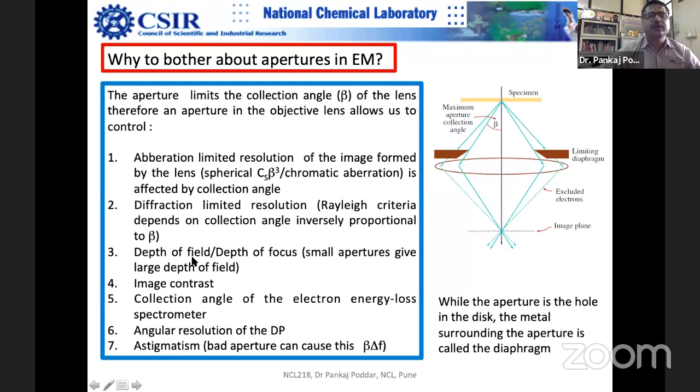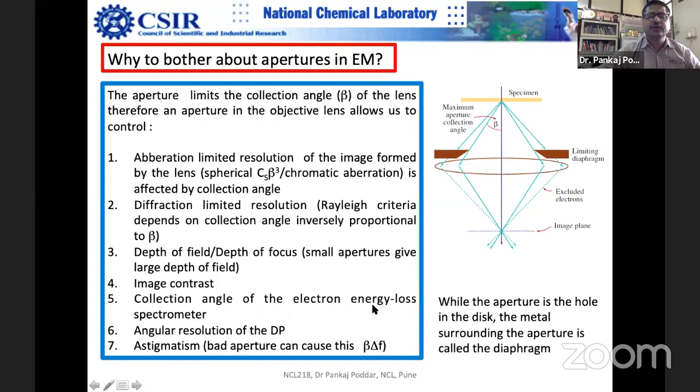As we will see later, a smaller aperture gives a larger depth of field. I have given these examples in my class many times. You can take the example of your mobile phone, or your DSLR. Image contrast also gets affected.